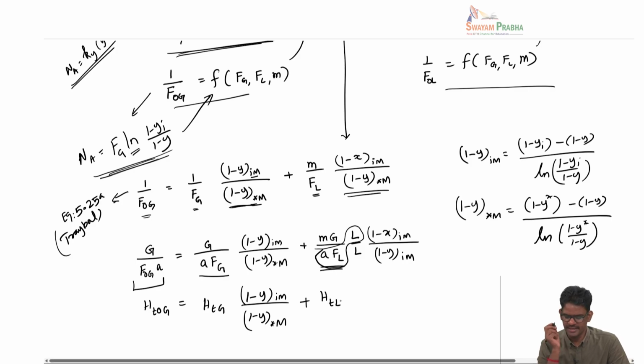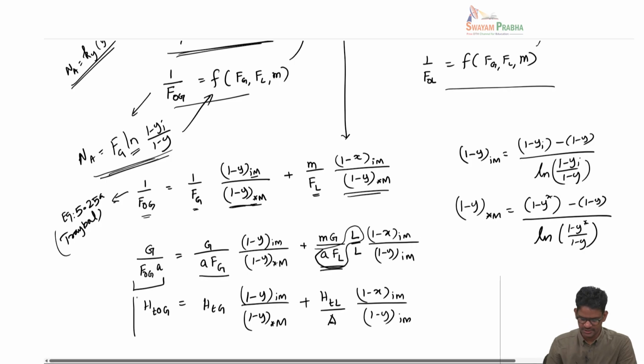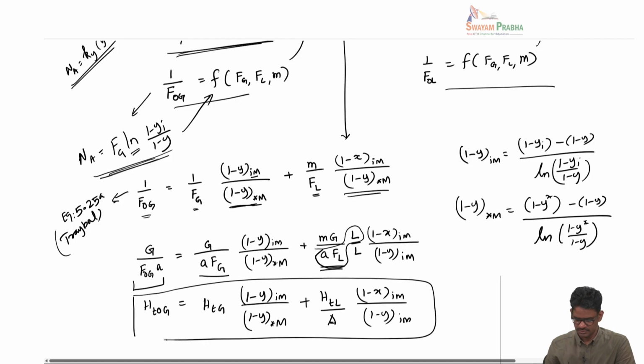What is this mG by L term? 1 by, this is absorption factor A. Then the remaining terms are as such. So this is the expression for HTOG.